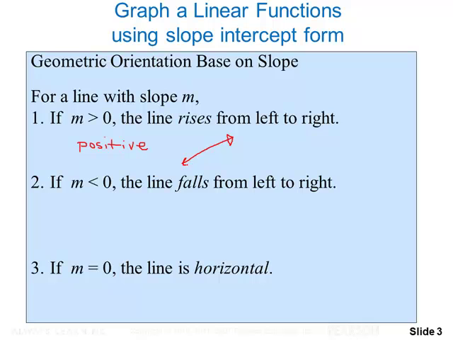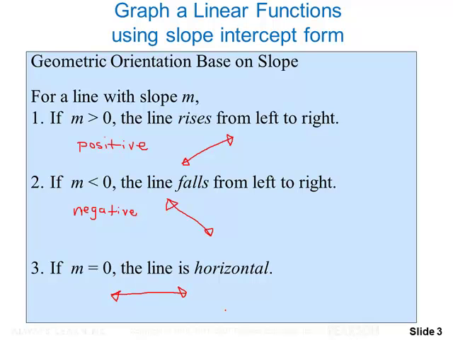So if our slope is positive, as we read our line from left to right, it should ascend. However, if m is less than 0, which alludes to the fact that the coefficient of your x variable is negative, then your line will fall as you read it from left to right. If the slope of our line is 0, then we have a horizontal line.